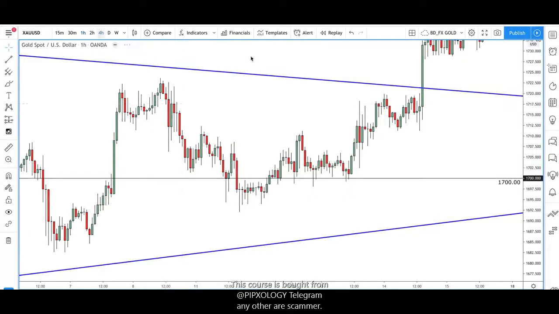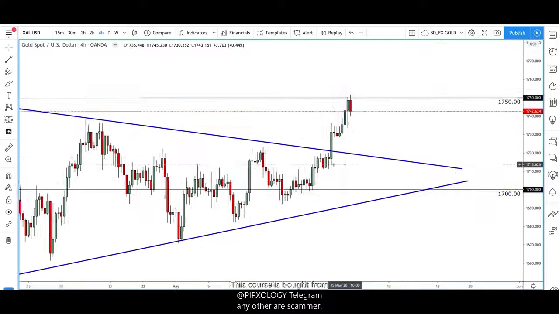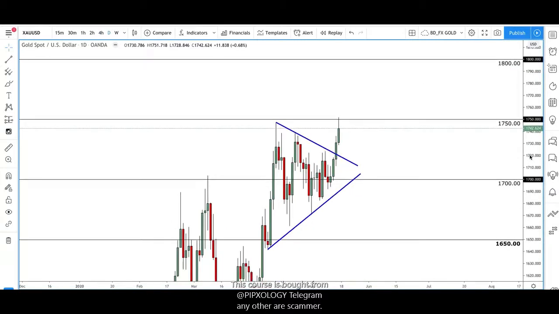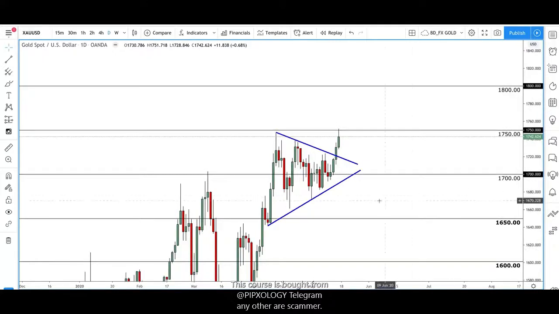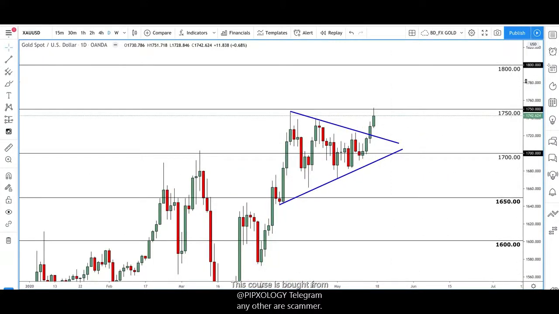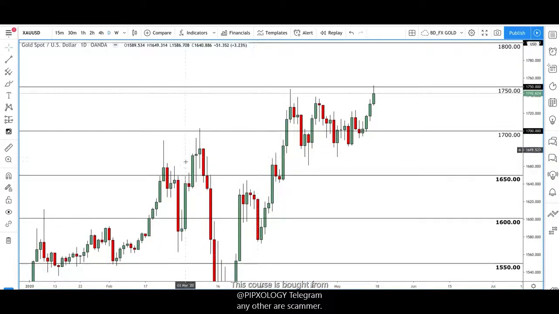So here you can see with gold at the moment, we've pushed up towards that 1750 level. As I said, always have your level-headed thinking cap on. Just because we see it's very bullish doesn't mean it's going to go to the moon right now. You can see with previous price action what we'll be looking out for this week is when we've taken out these highs.